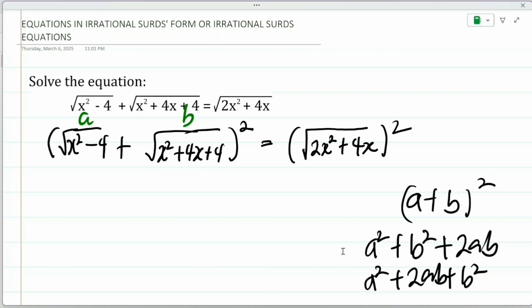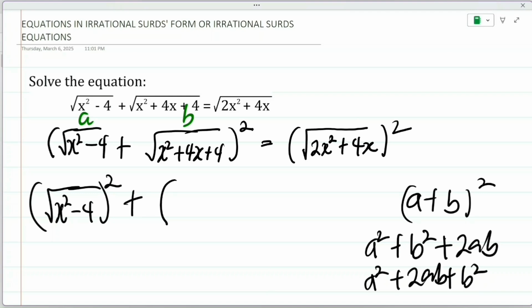Now we'll start with our a squared. A squared means square root of x squared minus 4, all squared, plus b squared, which is square root of x squared plus 4x plus 4, close bracket squared. That's your b squared.